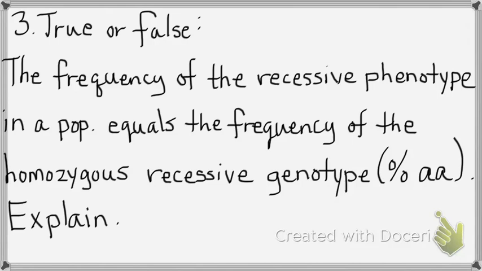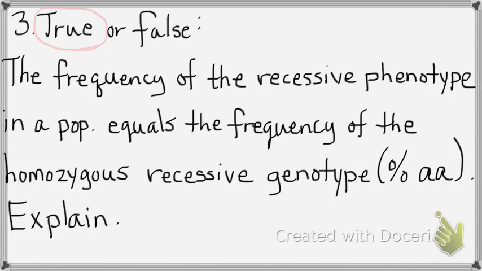Number 3, true or false? The frequency of the recessive phenotype, that means how often you find the recessive phenotype, equals the frequency of homozygous recessive genotype. That is true, because if you show the recessive phenotype, you must be homozygous recessive. Isn't that true?